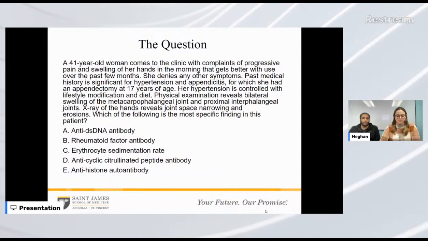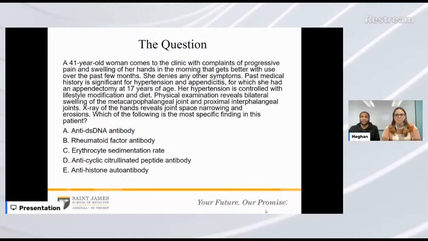With a middle-aged female, we would want to think about the autoimmune disorders that we classically think of. Specific to this question, what kind of hints do we have? We have progressive pain and swelling of her hands in the morning that gets better with use. A big hint is waking up with this and then getting better with use.